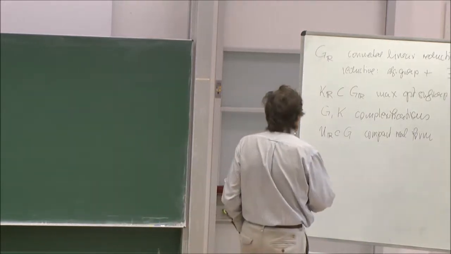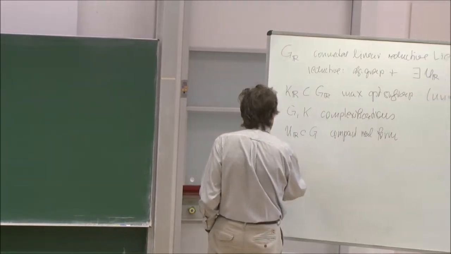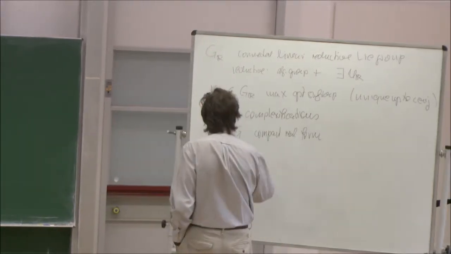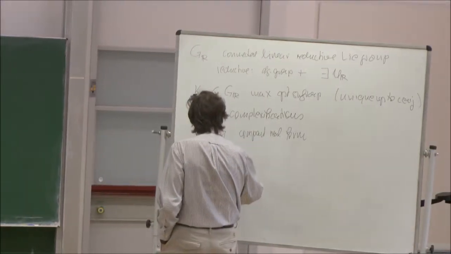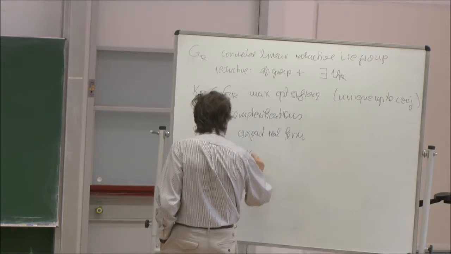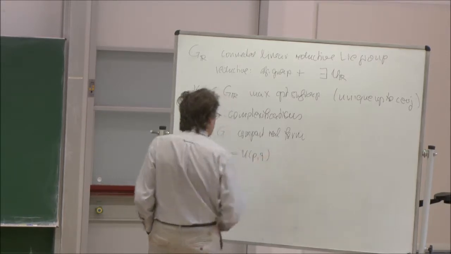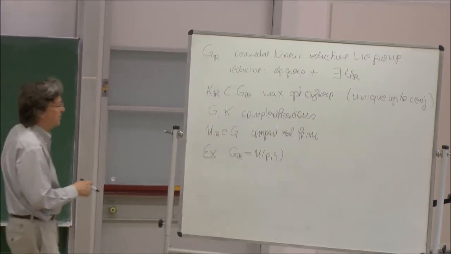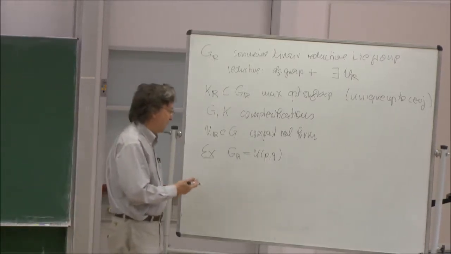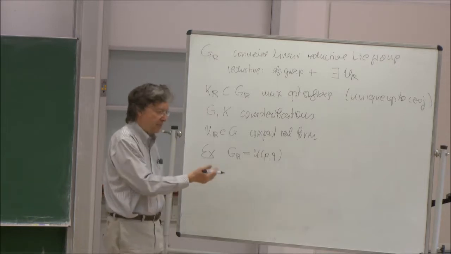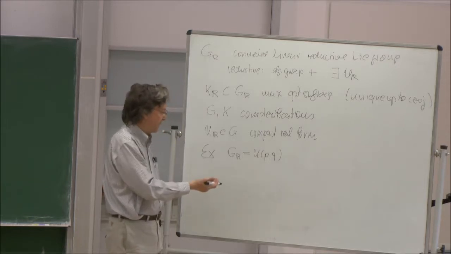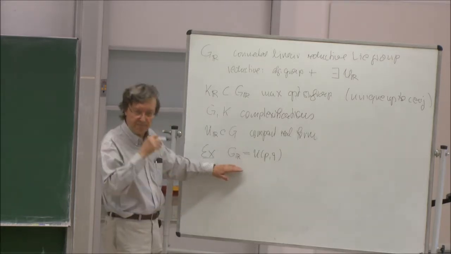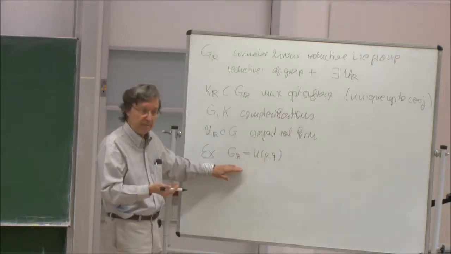And let's say one family of examples that you might keep in mind would be G_R equal to U(p,q), the group of complex matrices that leave invariant a Hermitian form with p positive and q negative eigenvalues. And of course I want to think of it as a group of real matrices, which is of course possible.